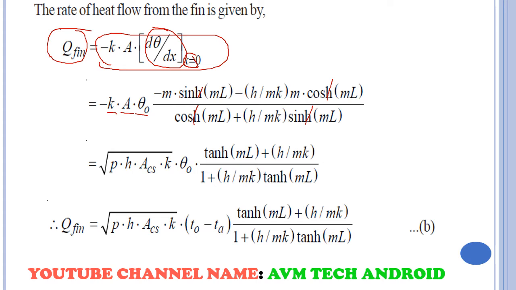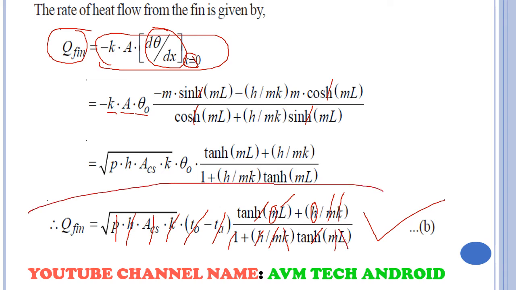And when we simplify it, we will get this equation B, that is Q fin equals square root of PhAk, where P is the perimeter, h is the convection heat transfer coefficient, A cross-section is the cross-sectional area of the fin, k is the thermal conductivity of the fin material, into T0 minus Ta, where T0 is the base temperature and Ta is the surrounding air temperature, into tanh mL, where m is the fin constant and L is the length of the fin, divided by 1 plus h, the convection heat transfer coefficient of the surrounding fluid, by mk, into tanh mL.